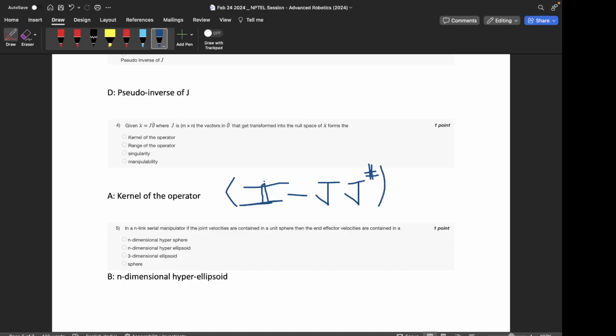That is, the null space does not only contain the zero vector, it also has some non-trivial vectors, and that is what forms the kernel of the operator. The operator here means the matrix which is being multiplied to a vector. Multiplying a vector with a matrix is basically operating on the vector through certain operations like rotation and scaling, and the kernel of that operator is the null space of that matrix.